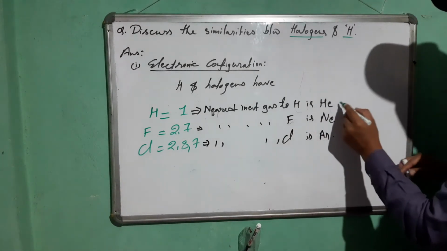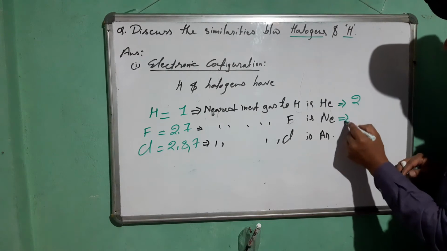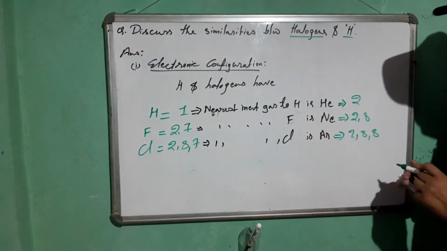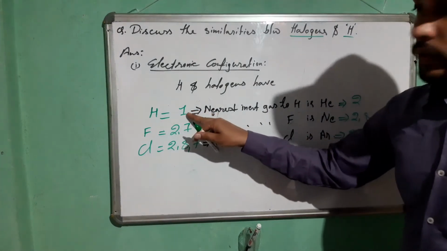Helium's electronic configuration is 2, neon's is 2,8, and argon's is 2,8,8.